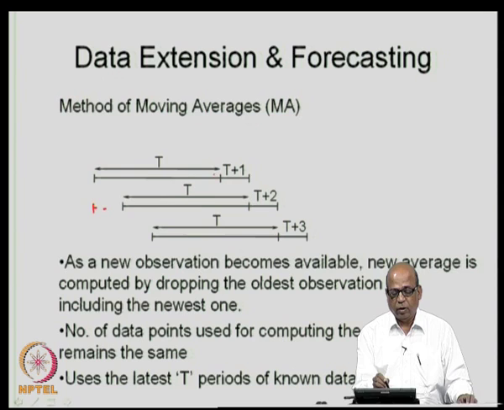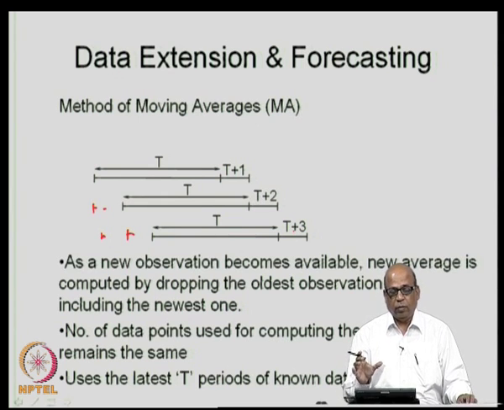Let us say t was 5 months and you are taking 5 months averages to forecast the next time period. When you move to the next time period, you discard the oldest value and keep the latest 5 months values to forecast the next value. When you go to the next time step, you discard two values, take the latest 5 months average and forecast for the next time period and so on.